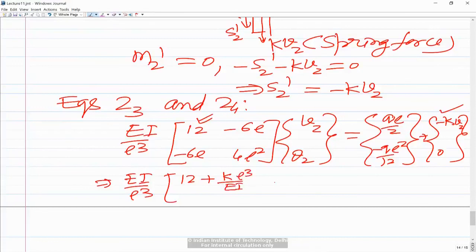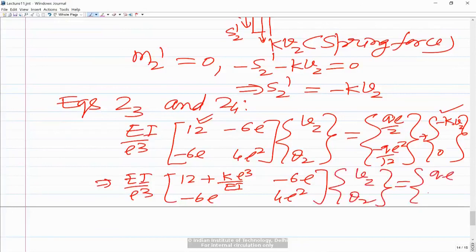So this is what this term would be. This is minus 6L and 4L square, then V2 theta 2 is equal to QL by 2 and minus QL square by 12.